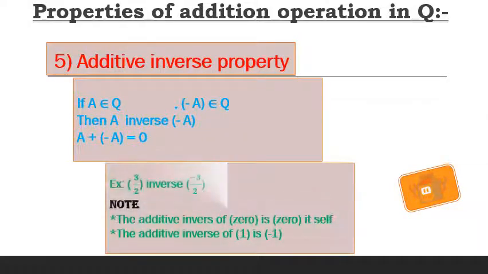For example, the additive inverse of 3 over 2 is negative 3 over 2. Just change the sign. It's important. Note: the additive inverse of 0 is 0 itself. The additive inverse of 1 is negative 1.